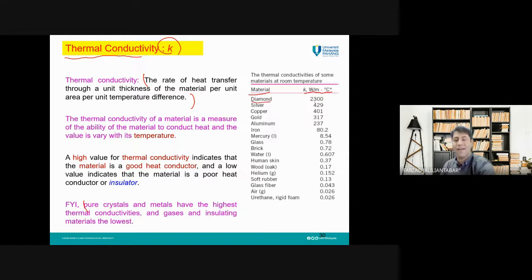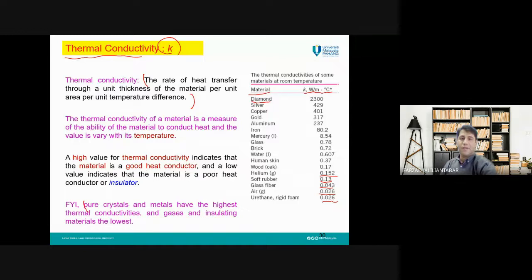Diamond has the highest thermal conductivity. As the crystal structure changes, until we reach the metals, the thermal conductivity is reduced. And the lowest thermal conductivity is for different types of gases, as you can see here.